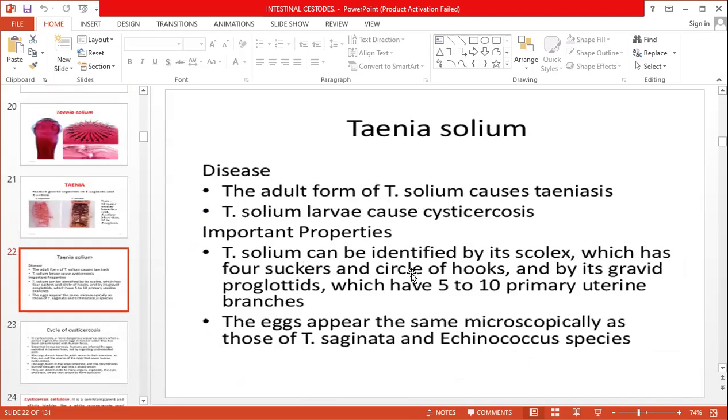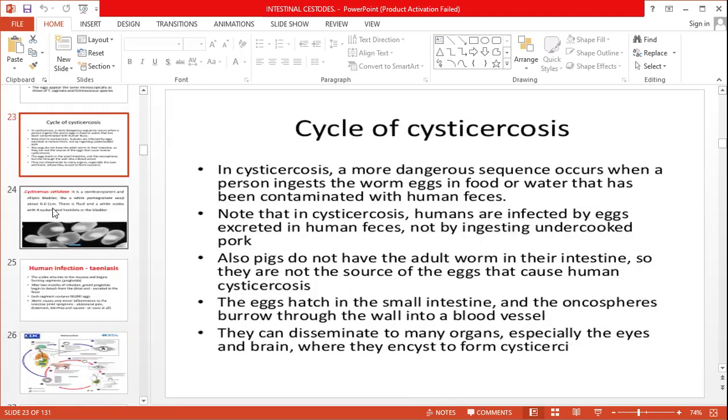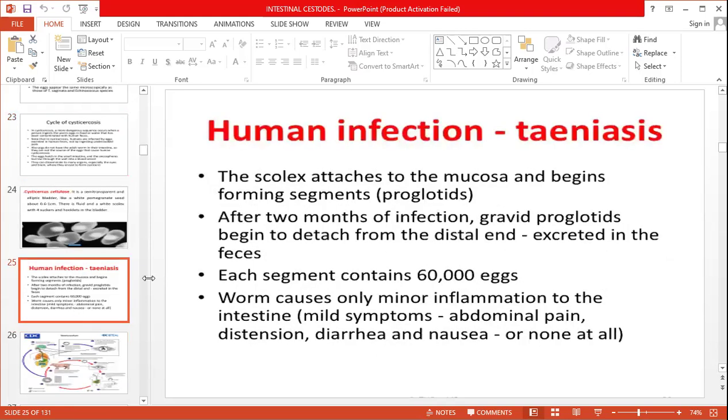The important properties: the scolex has four suckers and a circle of hooks, and its gravid proglottids. The eggs appear the same microscopically as those of Taenia saginata and Echinococcus granulosus. The infection caused by this Taenia is known as taeniasis.